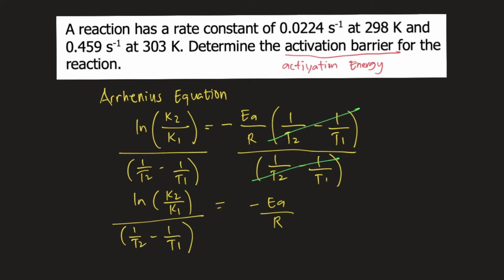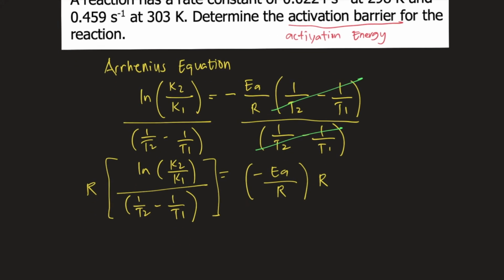Then you need to multiply both sides of the equation by R. R will cancel on the right side, and on the left side, you have R times that whole thing.